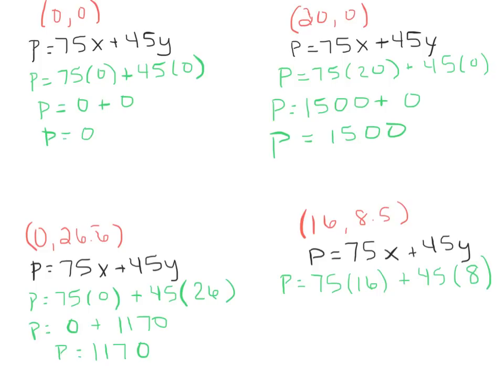So 45 times 8. And we get that P is equal to 1,200 plus 45 times 8, which is 360. We add those together and we get 1,560. So that gives us a profit of 1,560.